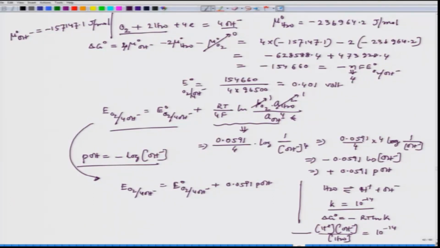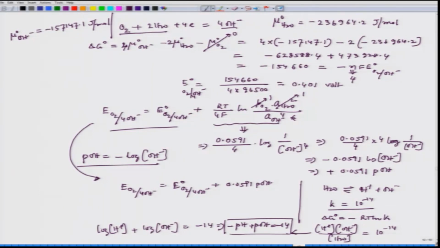Now, if I take logarithm of this, log H plus plus log OH minus equal to minus 14, which I can write in the form of pH plus POH equal to 14.